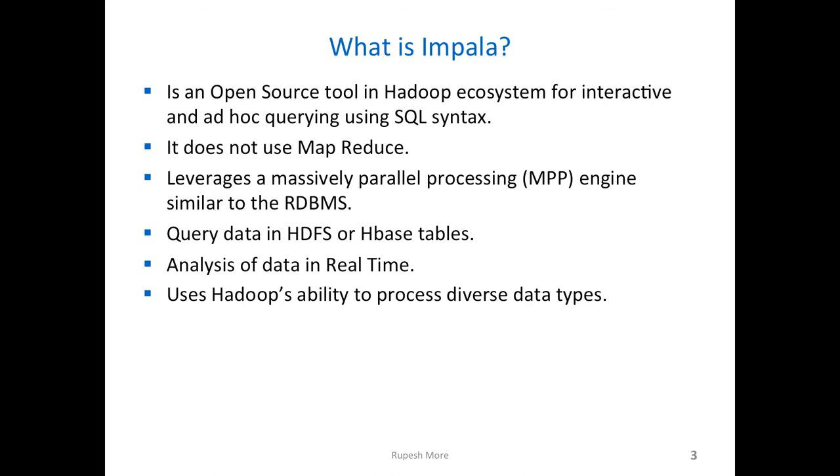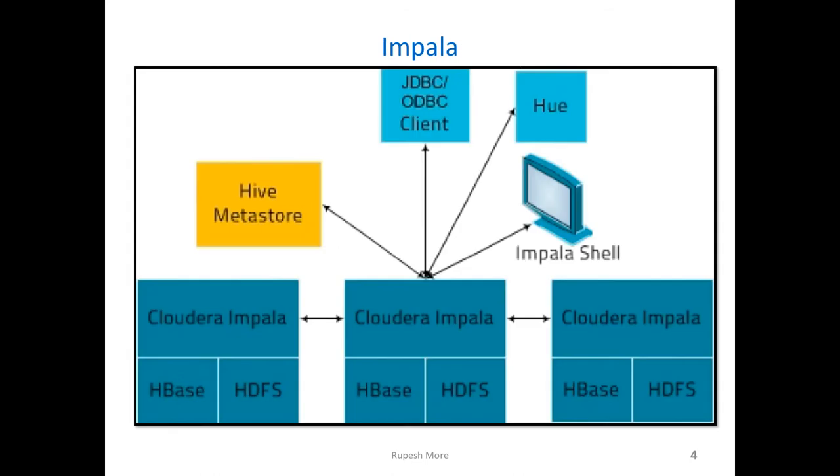Now let us see the architecture of Cloudera Impala. This is the architecture. Impala consists of the following components: the client, which includes ODBC clients and JDBC clients, and the Impala-shell, which can interact with Impala.